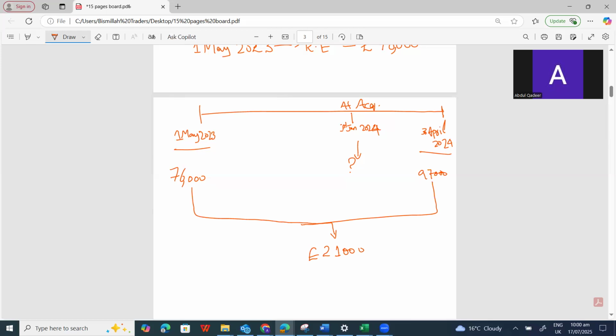Now this 21,000 is going to be divided into two parts. Why two parts?